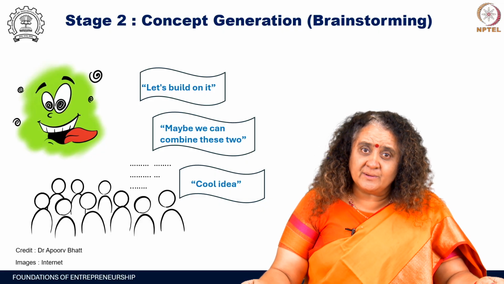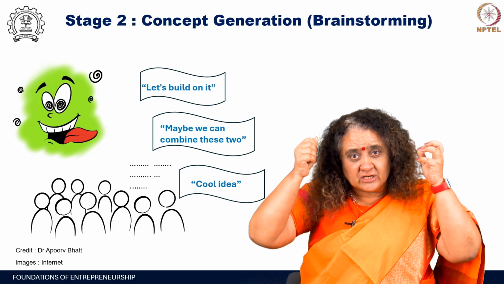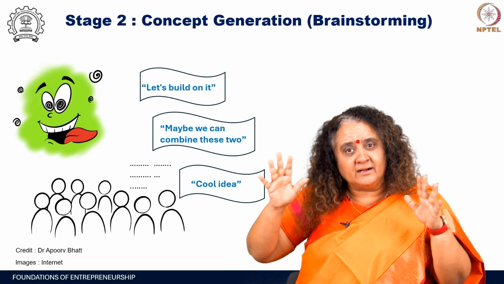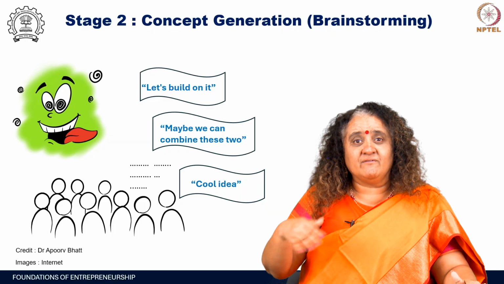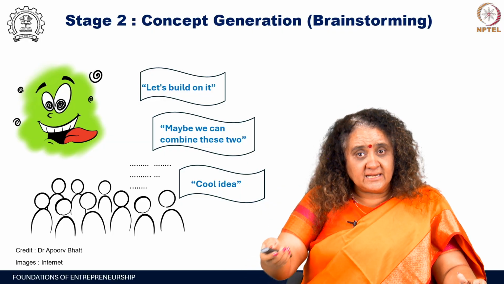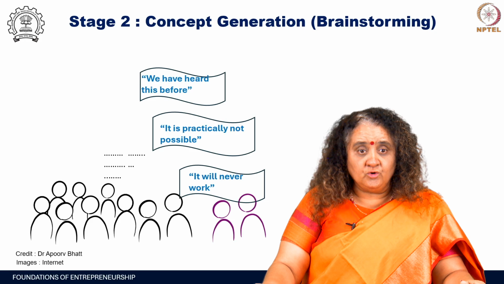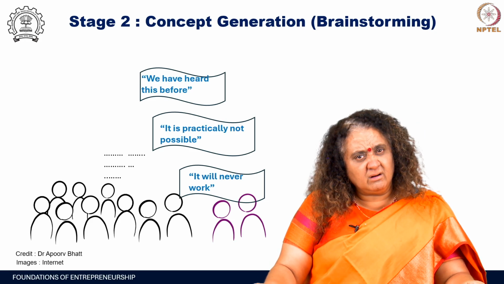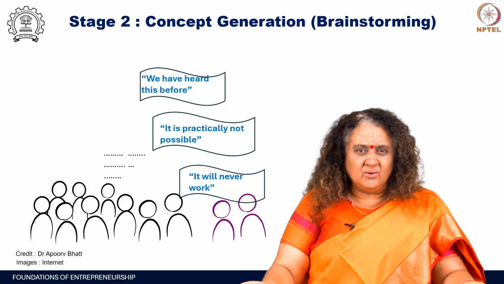In any brainstorming exercise, we should leave our judgment hat outside the door. When we are generating concepts, when we are brainstorming, when we are coming up with ideas, we don't need people like this who usually say, oh, I have heard this before. Oh, we have heard this before. You know what?